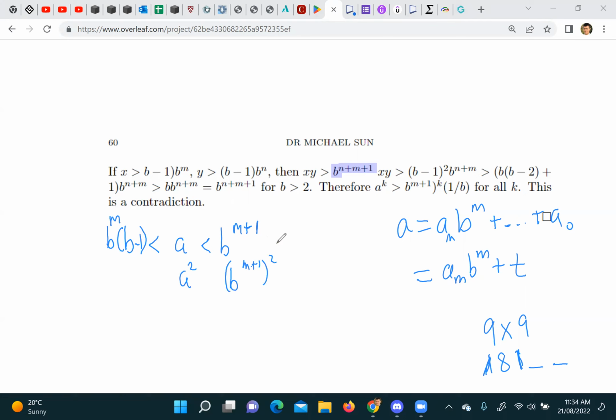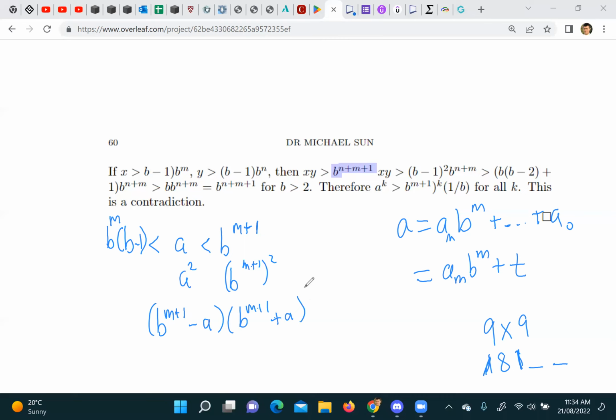The reason they're trying to do this is because you can calculate the difference between those two numbers with a difference of squares. You have b to the m plus 1, minus a, so that's the difference you had before. Then you times it by plus a, and you can keep doing it.